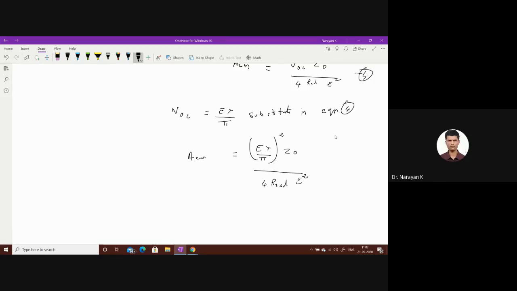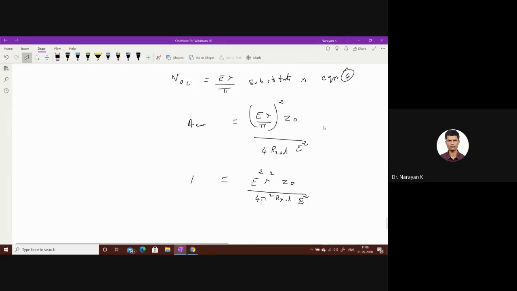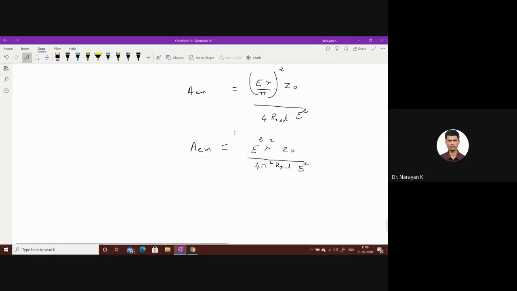Yes, sir. So if we further simplify this, I will get E square lambda square into Z naught divided by 4 pi square into radiation resistance into E square. So this is your maximum effective aperture of the lambda by 2 dipole.